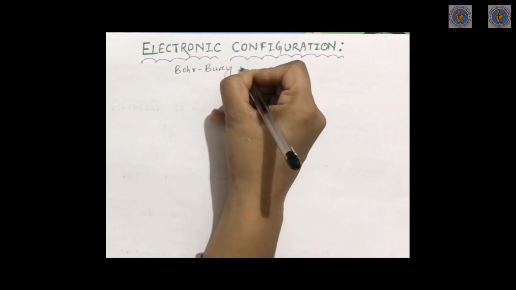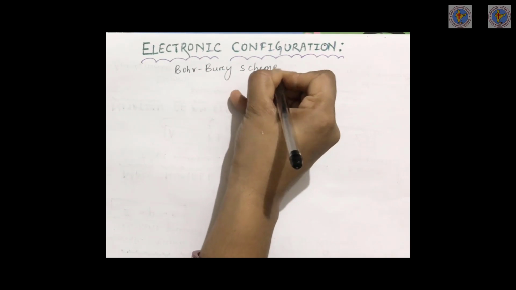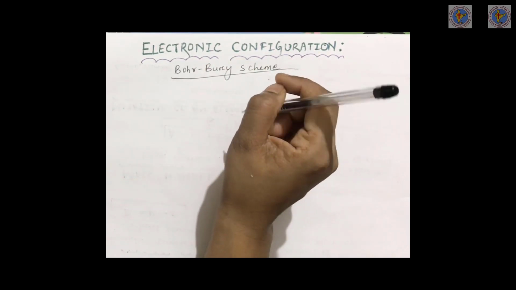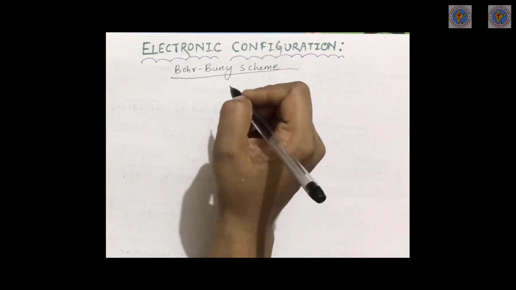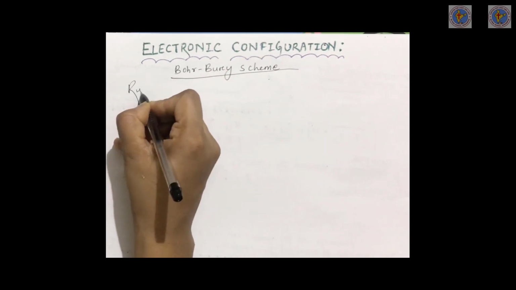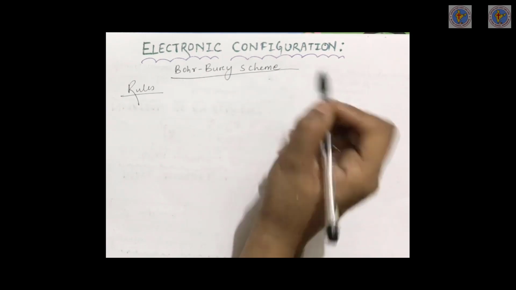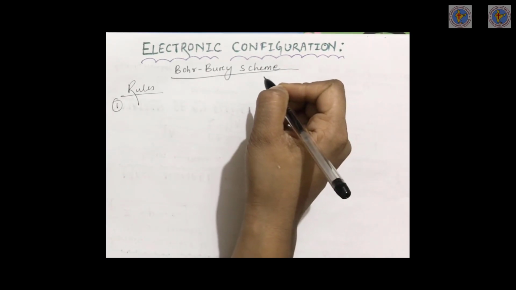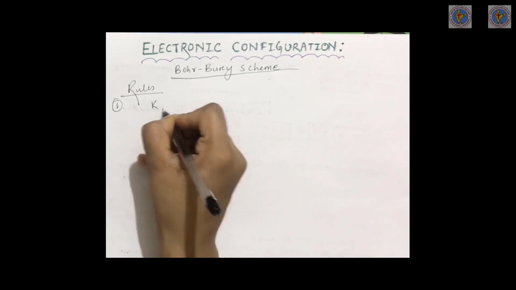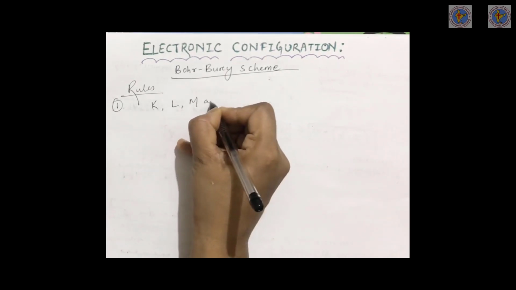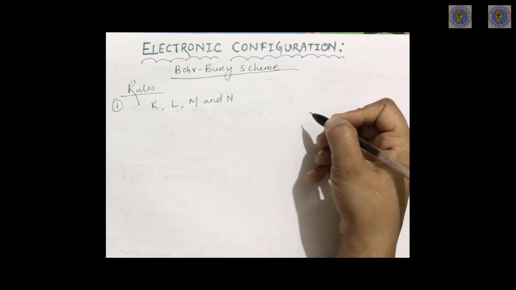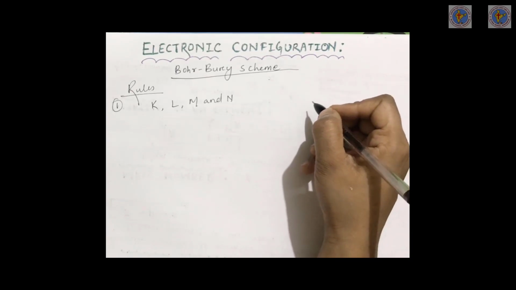So, what were the rules of this Bohr-Bury scheme? Now we'll study the rules. First rule: the shells were given the names K, L, M and N.